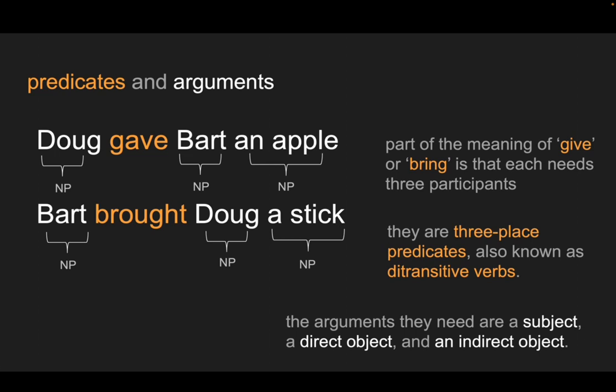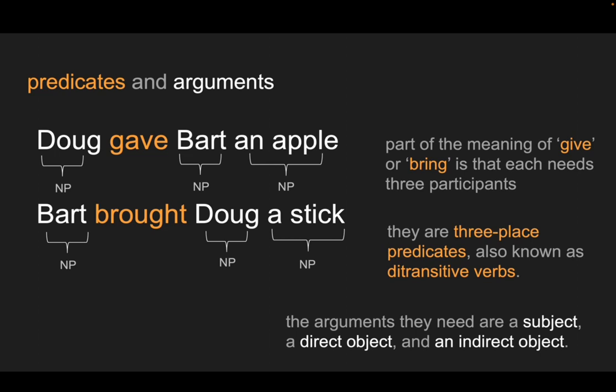Intransitive verbs, one-place predicates, we have a subject and some sort of event or state. Lots of verbs that describe position or motion are one-place predicates. Verbs that mean things like sit or run or sleep or stand. But there's lots of other kinds of one-place predicates. Two-place predicates, the transitive predicates, those are often verbs of transfer.